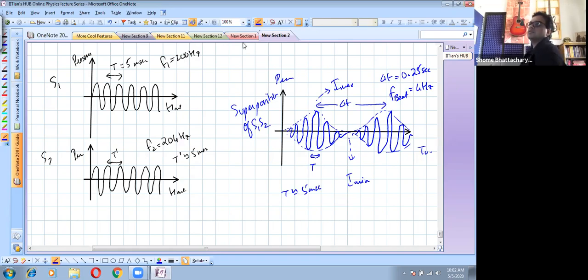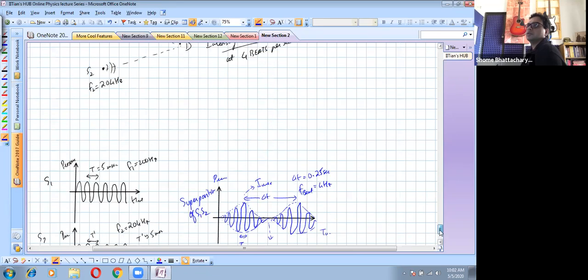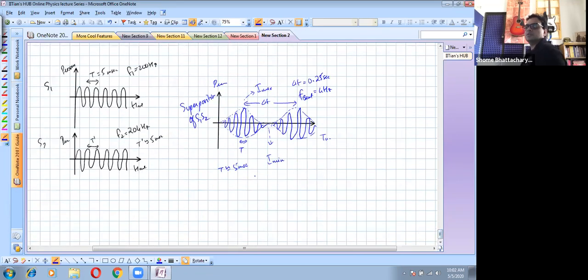So this is visually trying to understand what happens in the case of beats. Now mathematically also it's easy to understand. We'll come back to that. So this kind of situation will create this kind of variation. So as far as your problem solving is concerned, you have to understand just this thing.